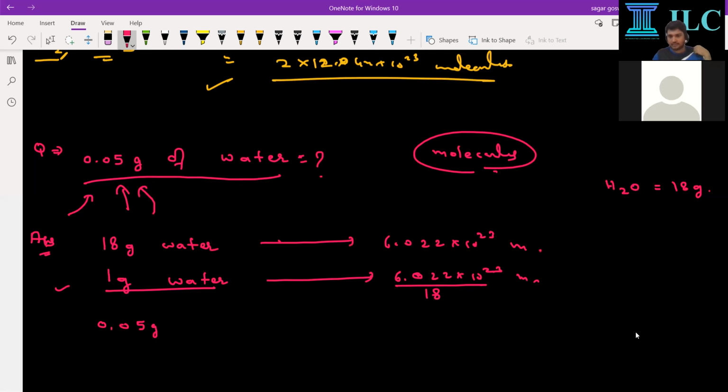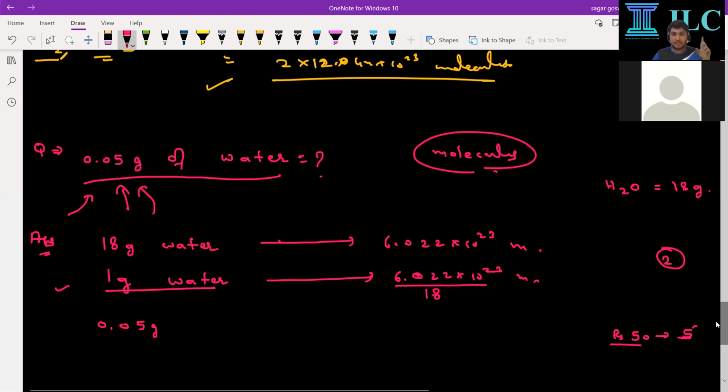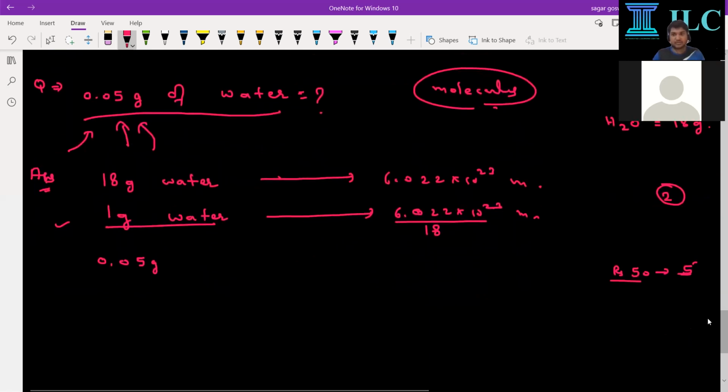If I am saying, in 50 rupees you will get 5 chocolates, just tell me, how much rupees for 2 chocolates? So 20, very simple. But in mathematics, we have to try to solve it.